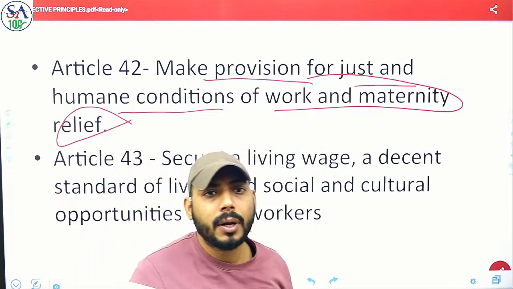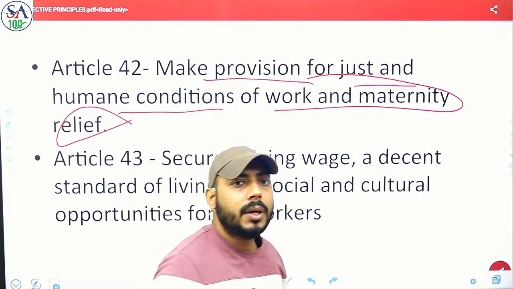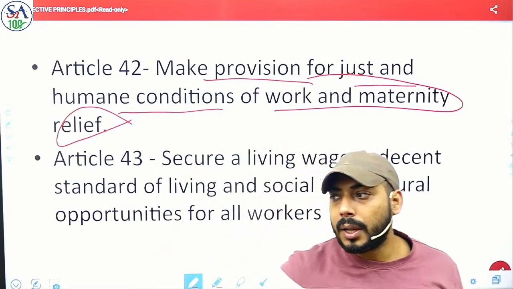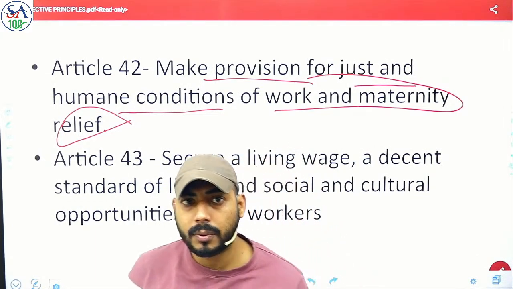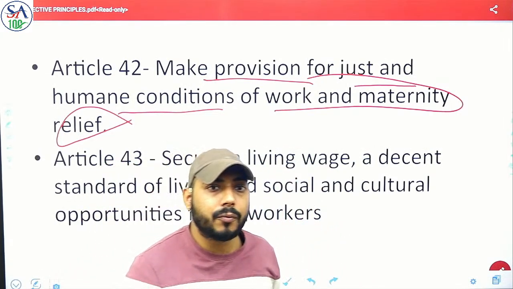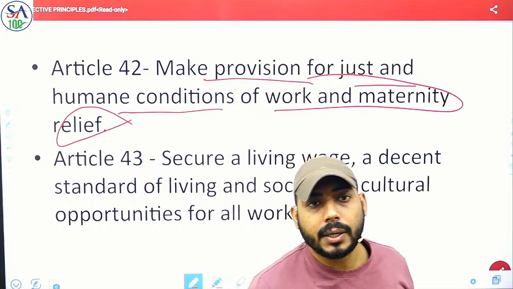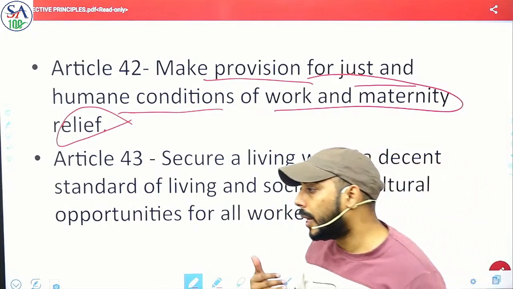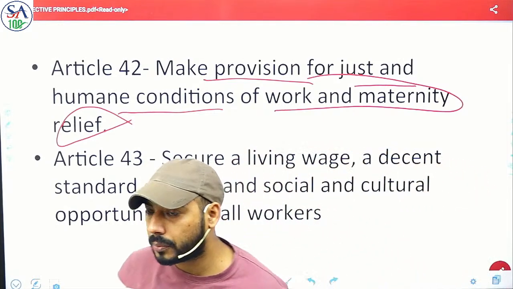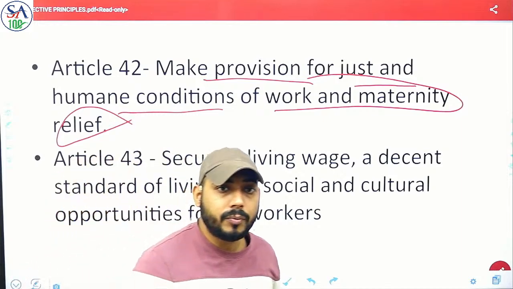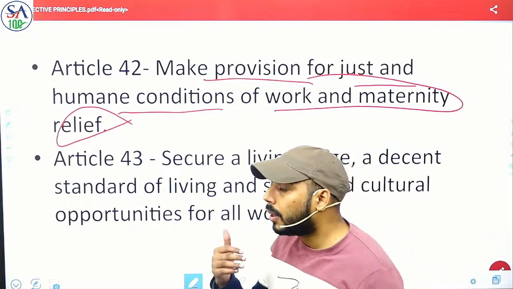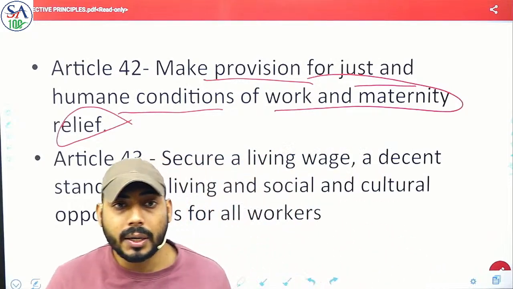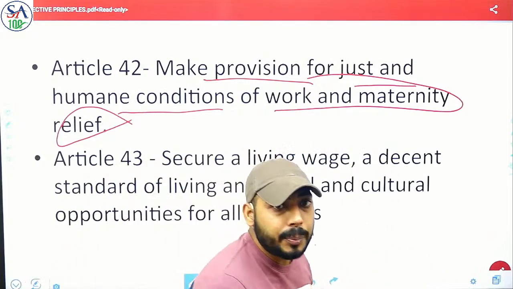For example, during British time, the hours they had to work were more than 8 hours. Sometimes they had to work for 12 hours, 14 hours, and there was no provision of rest for them, no Sunday leave. This was all about unjust and inhuman conditions.